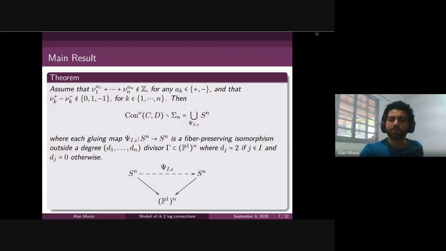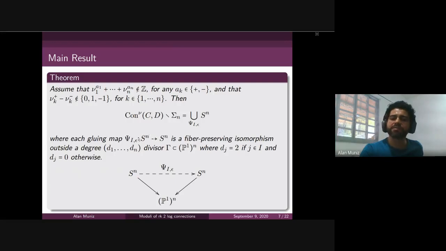And this gluing is well-behaved: you have a birational map, a birational automorphism of S^n, that is fiber preserving. This map preserves some projections to (P1)^n.